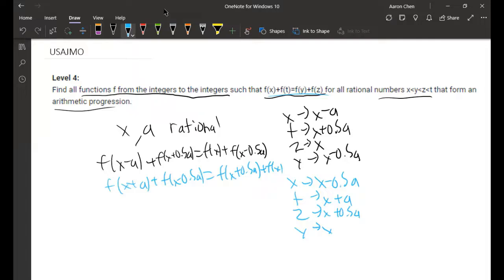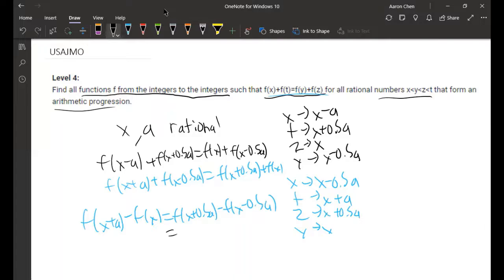And so after this, we can look at f of x plus a minus f of x. From this equation, we can see that it's equal to f of x plus 0.5a minus f of x minus 0.5a.